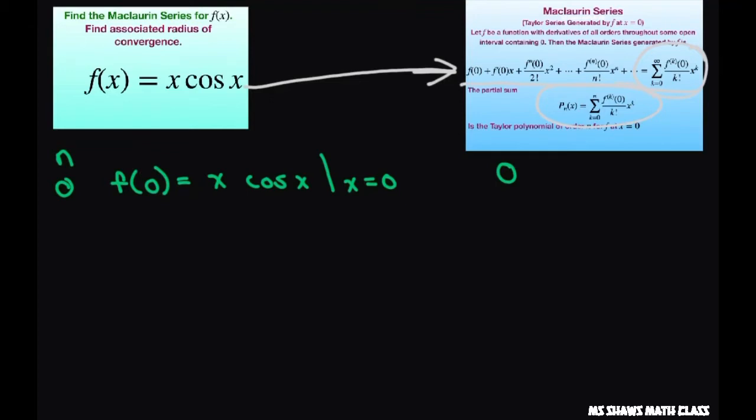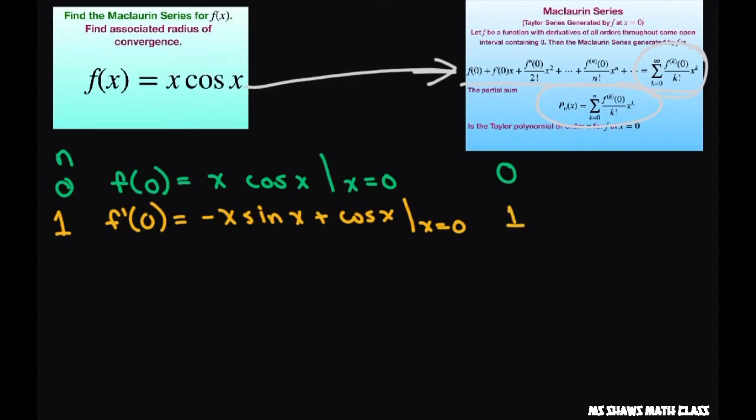All right, now when n is 1, that's your first derivative of f at 0. So this is going to be negative x sine of x plus cosine of x. Now when you evaluate that at x equals 0, you're going to get 1, because the sine of x is going to go away.